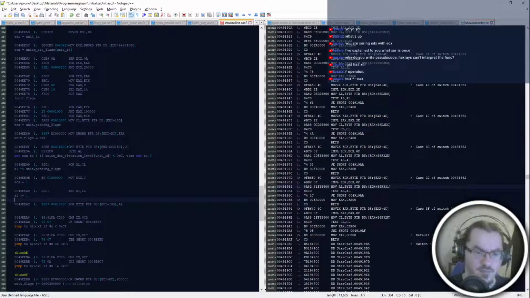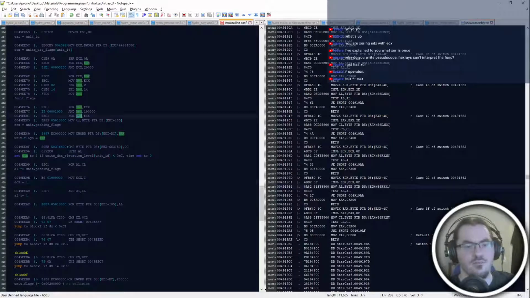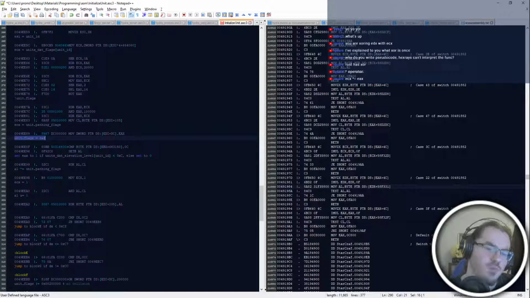It doesn't even seem like this is used later. Pathing flags just gets overwritten when we're overwriting ECX. So I guess pathing flags were used specifically so that they could impact the EAX register here, the AL lower byte. At this point, EAX is overwritten. Oh wait, no, it's setting unit flags to 1 if the elevation level is below a certain amount.